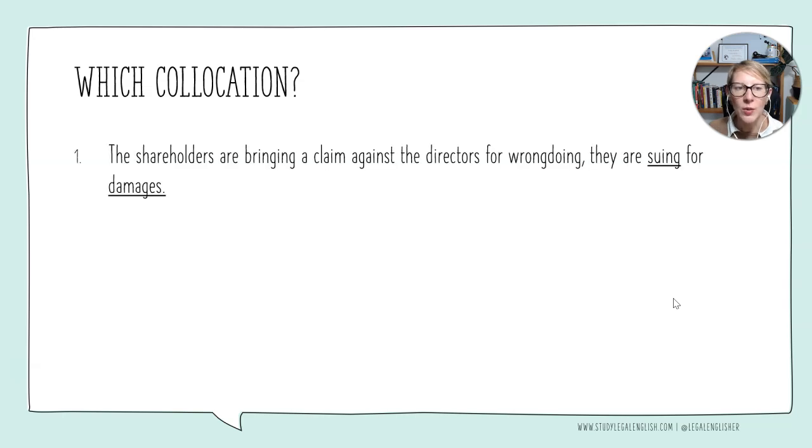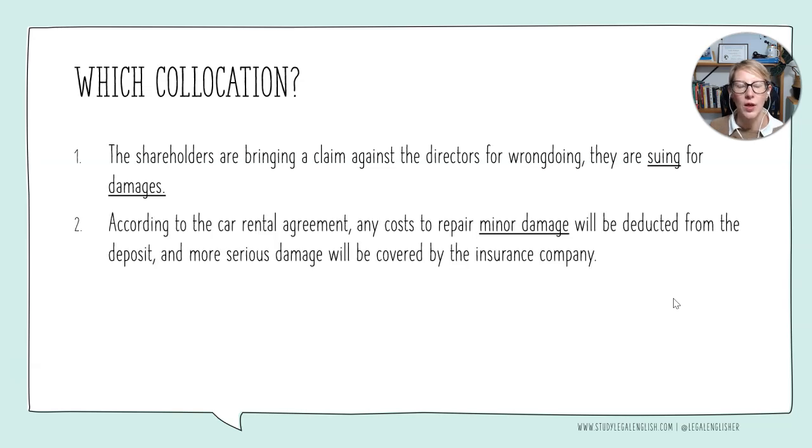Okay, which collocation? Number 1, the shareholders are bringing a claim against the directors for wrongdoing. They are suing for damages. Number 2, according to the car rental agreement, any costs to repair minor damage will be deducted from the deposit, and more serious damage will be covered by the insurance company.